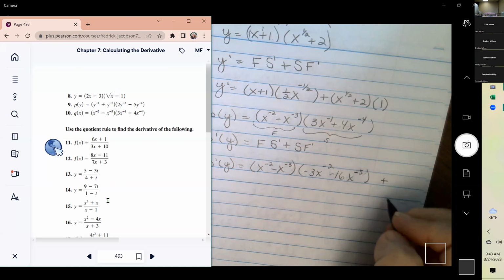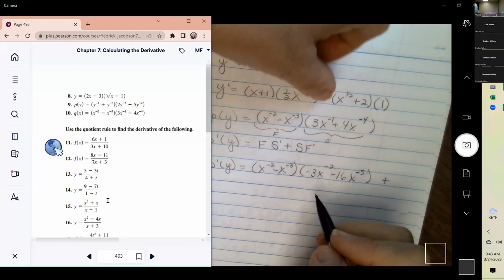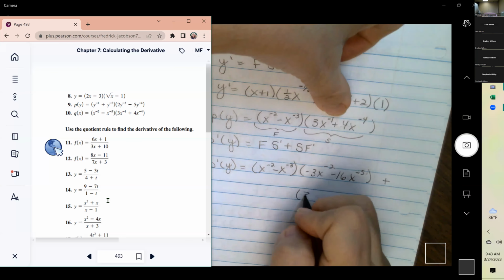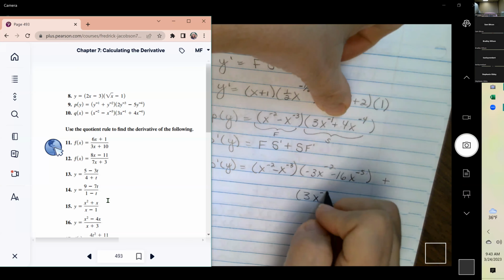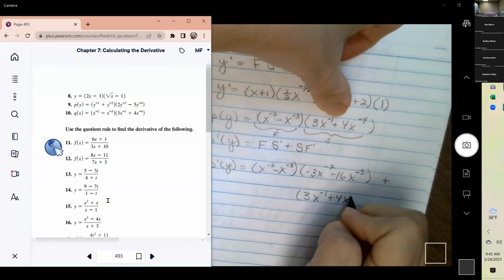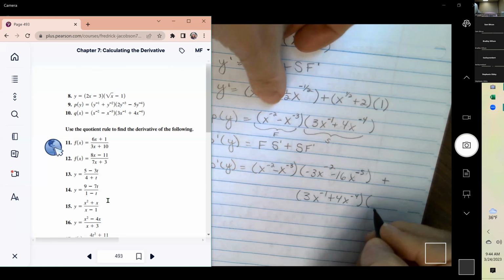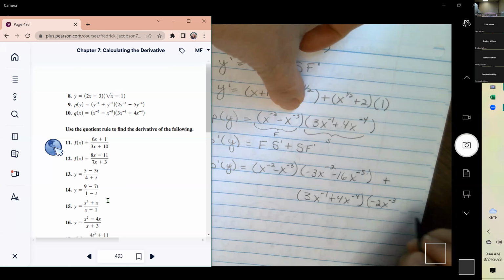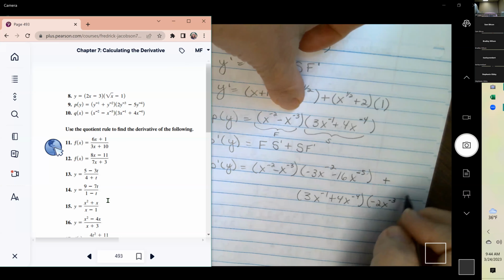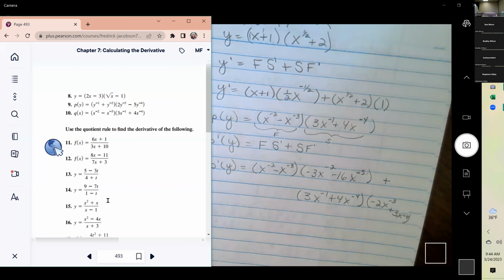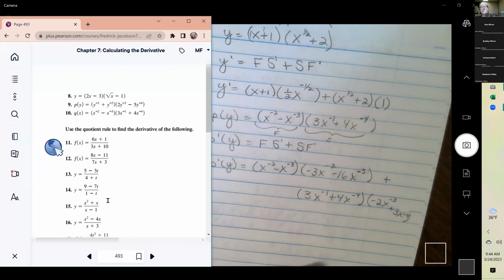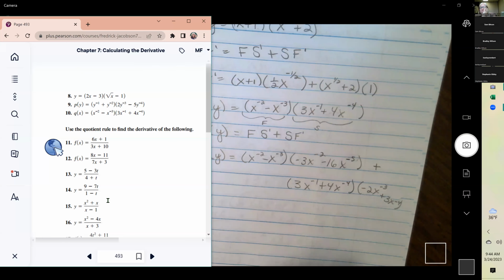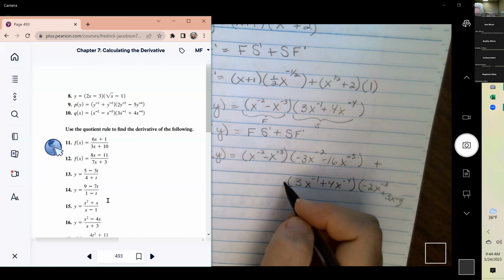Plus the second times the derivative of the first, -2x to the -3 plus 3x to the -4. This would go in here.